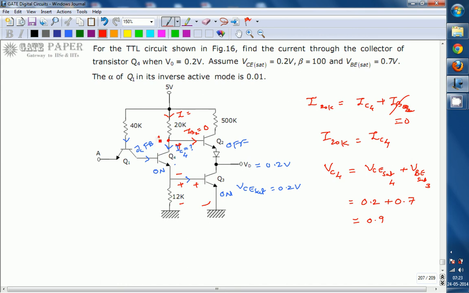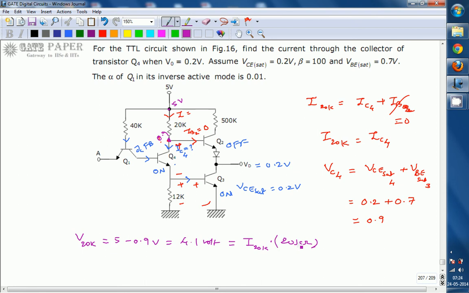Now the voltage at this point is 0.9 volts, and the voltage at this point is 5 volts. So the voltage drop across the 20 kilo ohm resistor is 5 minus 0.9, which is 4.1 volts. That can be written as I20K times 20 kilo ohms.